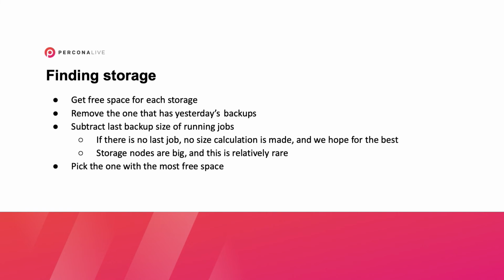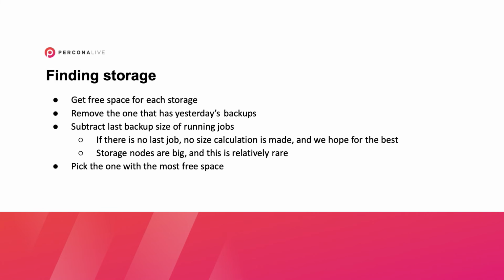Subtract the last backup size of the running jobs. So we get the free space. We know what amount of space the backup took yesterday, and we see if it fits. If it fits, great. If it does not, we will find a storage node where it fits.